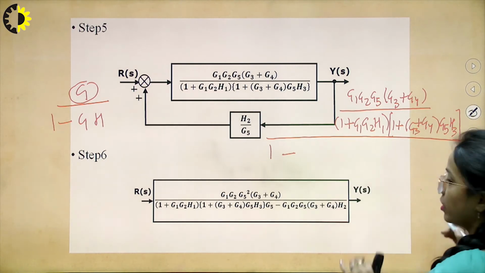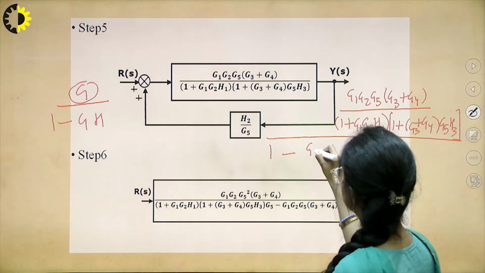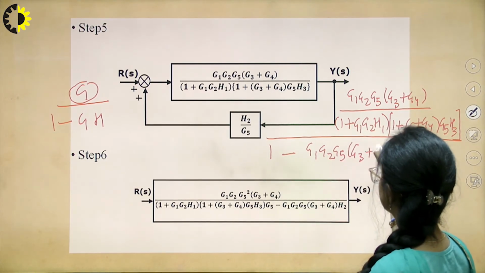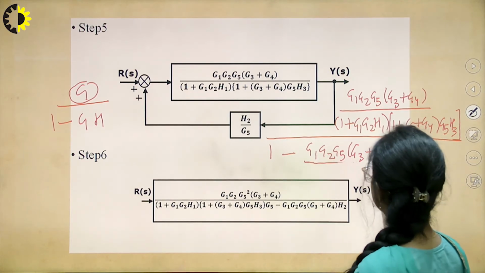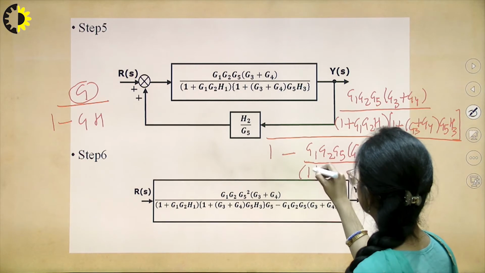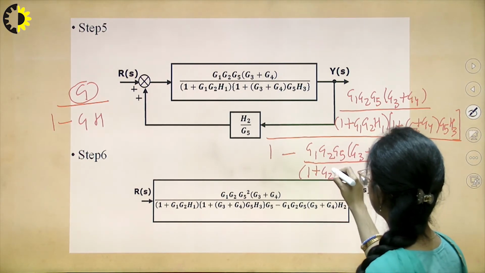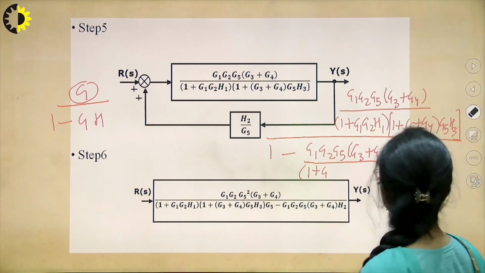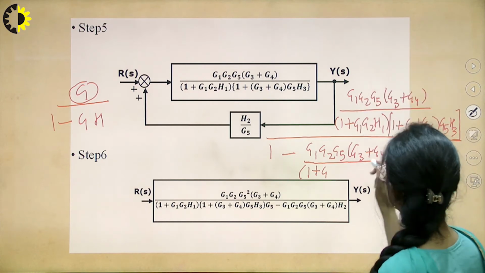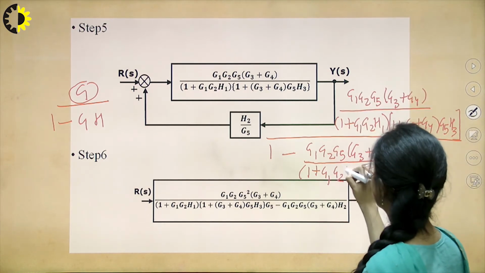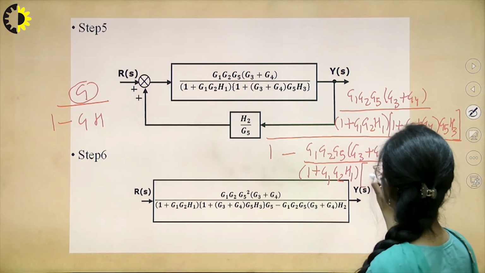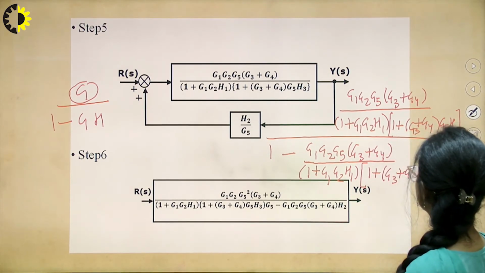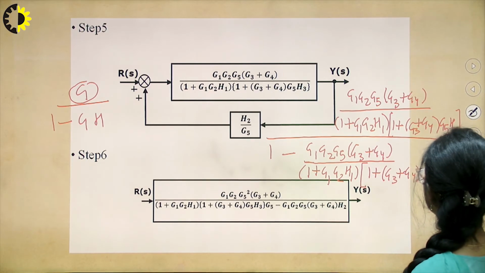So I'll write the complete term again: G1, G2, G5, G3 plus G4 divided by 1 plus G1, G2, H1, 1 plus G3 plus G4, G5, H3.